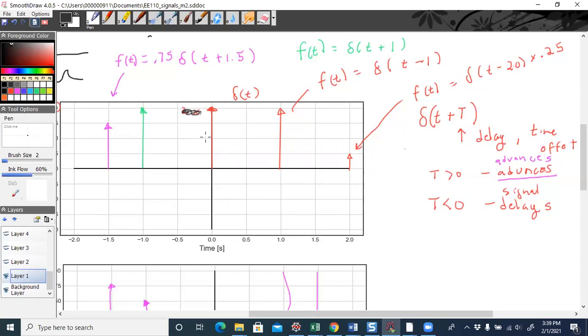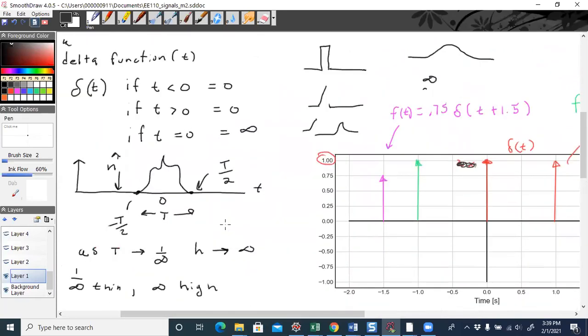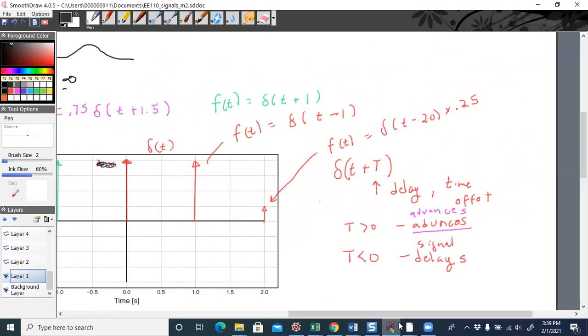I guess if you come over to the definition, right? That's a good question. What happens is this gets substituted into t.